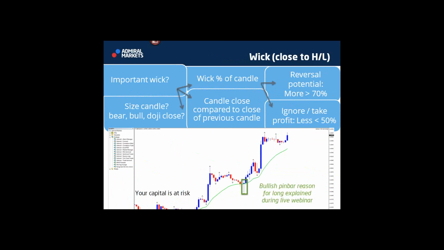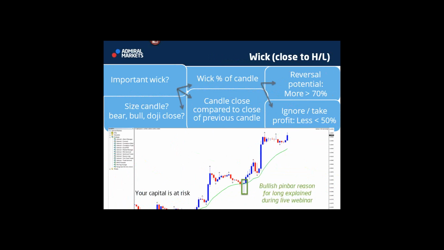So wicks, not all of them, I think, are important. I think that the higher the time frame, the more likely it will be important. A weekly candle with a major wick is going to have probably a very high importance, a very big impact on the market.